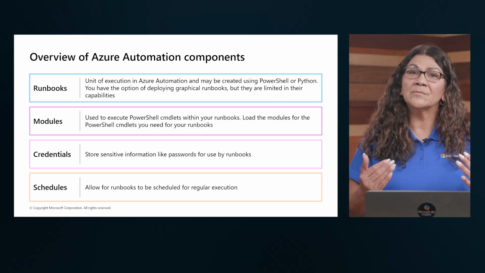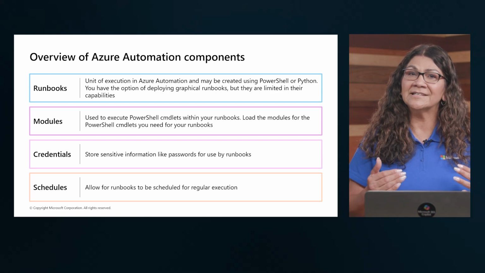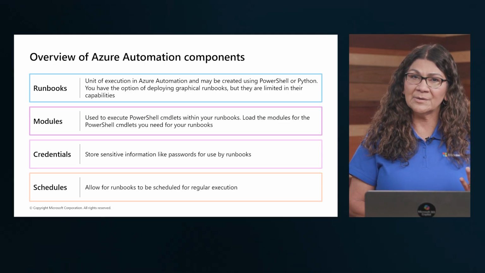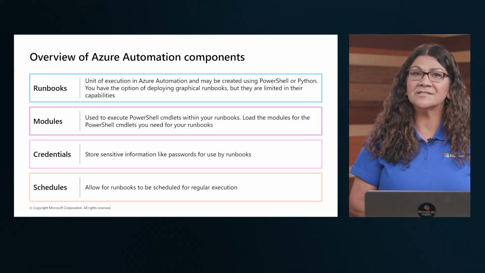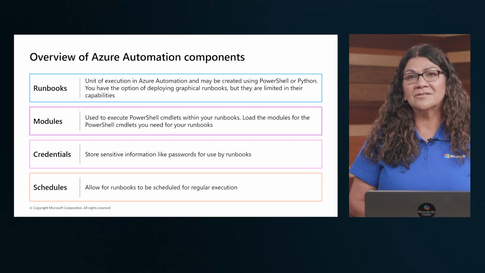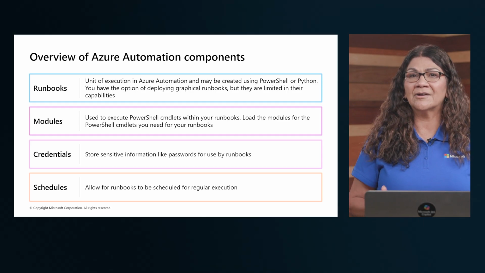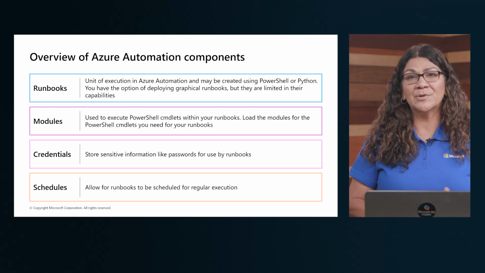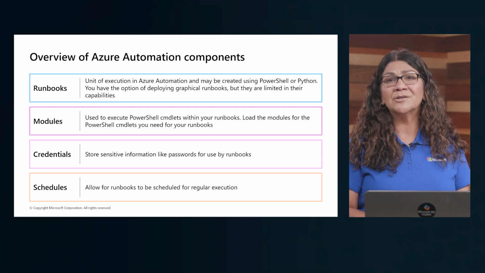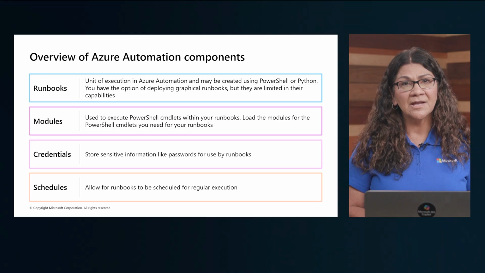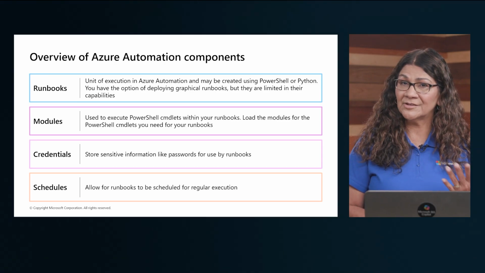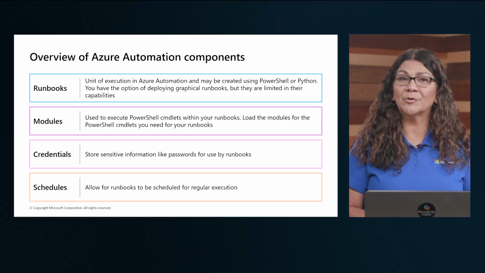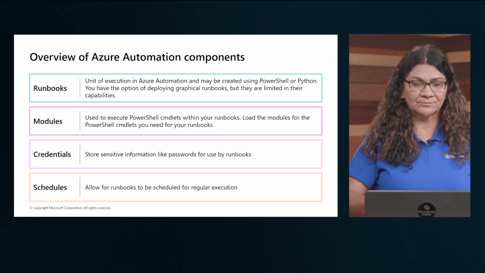Schedules trigger runbooks at defined times, enabling routine operations like nightly backups or compliance checks to run automatically. Together, these components streamline cloud operations, enhance security, and ensure reliability. Use cases include automating patch management, enforcing resource configurations, and integrating with monitoring systems for proactive remediation.